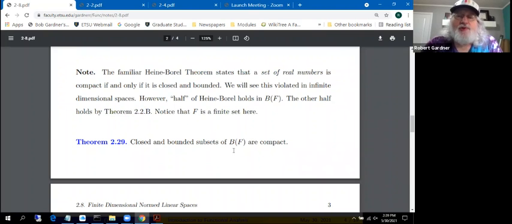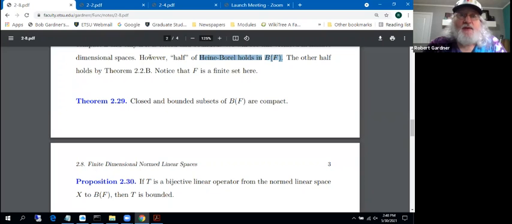So what we're going to do is show that closed and bounded subsets of B of F are compact. We've already seen B of F is a finite dimensional space. It's dimension capital N because we found a basis for it. So this is a converse of Theorem 2.2.b. So Theorem 2.2.b combined with this result shows that the Heine-Borel theorem does hold in B of F. Because it's finite dimensional is ultimately the reason that it holds, but we haven't established that.